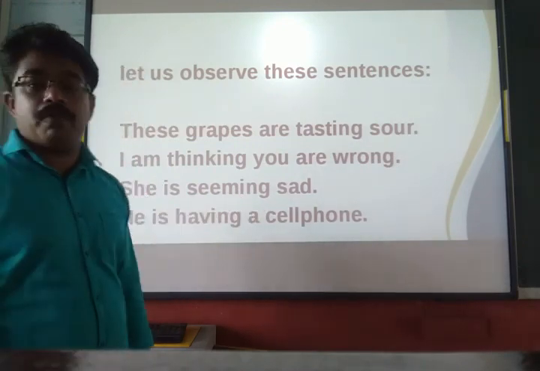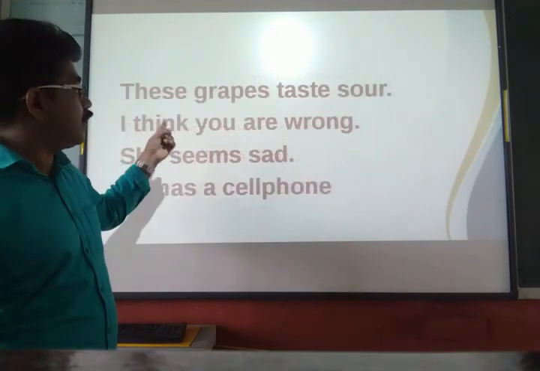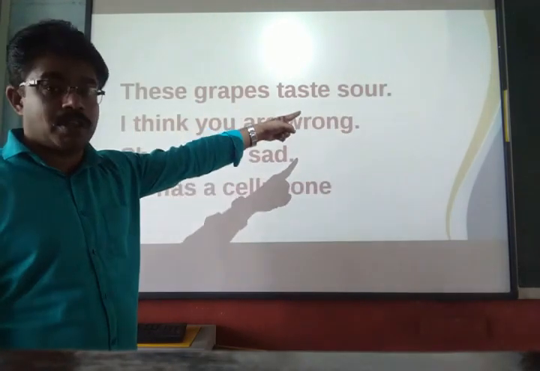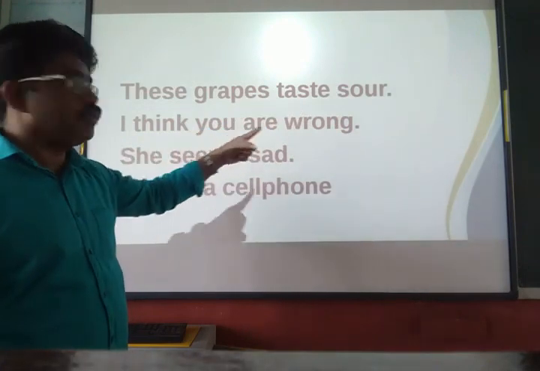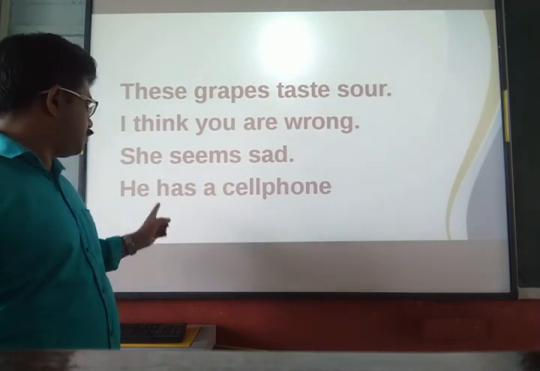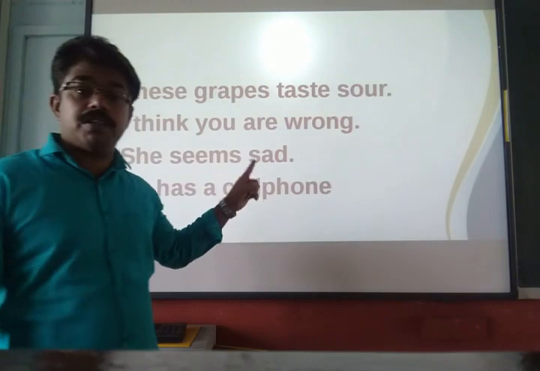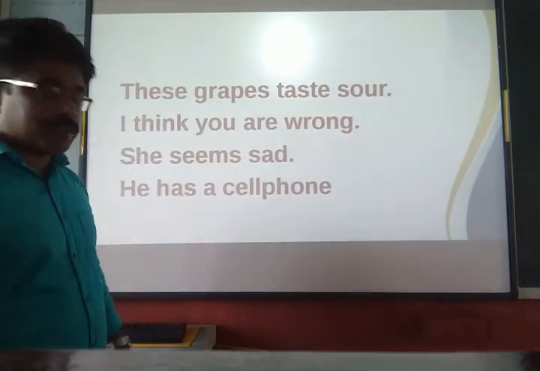He is having a cell phone: "He has a cell phone." Let's see what is given. I have given the answers as well here. These grapes taste sour. I think you are wrong. She seems sad. He has a cell phone. Please keep in mind, these words cannot be used in the present continuous form.